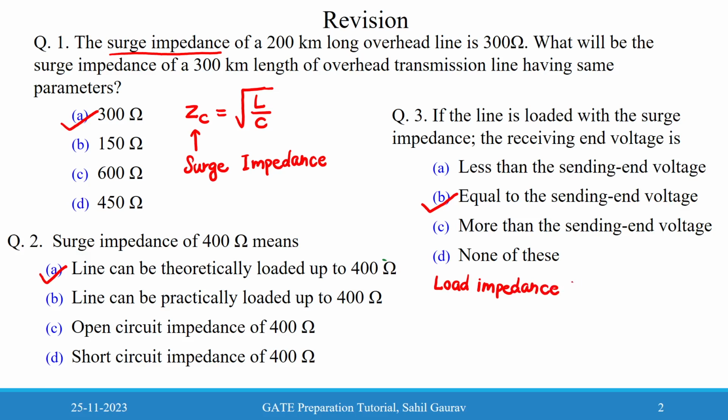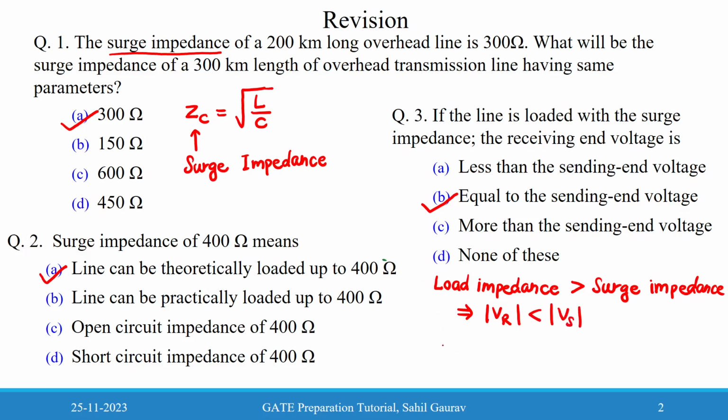So if load impedance is greater than surge impedance, then the magnitude of receiving end voltage will be less than the sending end voltage.